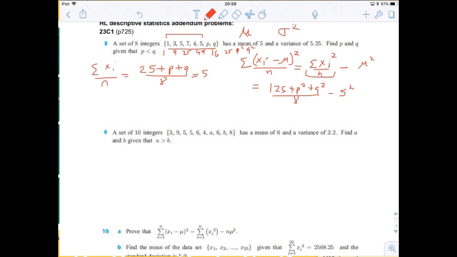Now we could solve these equations using the calculator. So I'm going to write them as linear equations. Let's multiply both sides of this by 8. So we get 40 equals 25 plus P plus Q. Subtract 25 from both sides, and we'll get P plus Q equals 15. So that's one of the equations we're going to use in the calculator. The other equation is going to be 5.25 here.